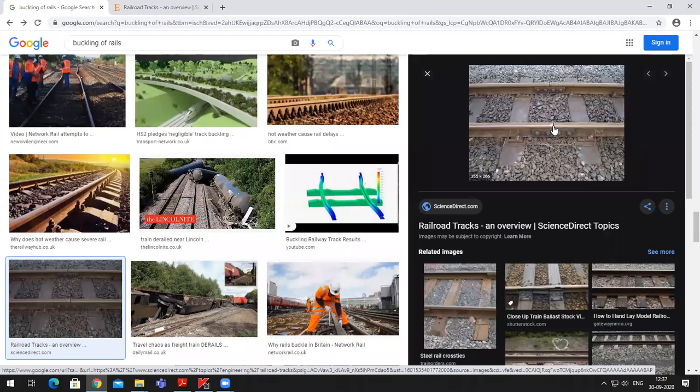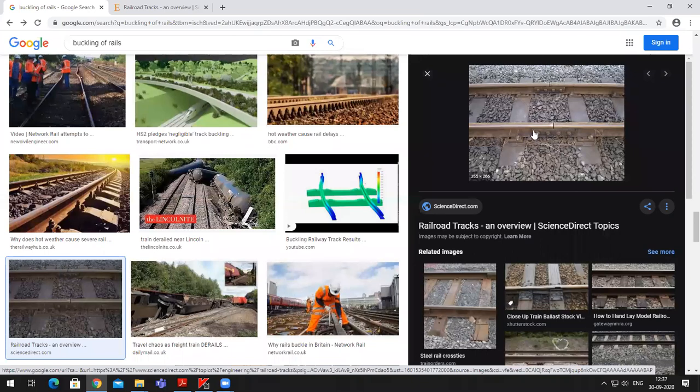It might not be possible for you to weld all the rails together for hundreds and hundreds of kilometers, because you need to provide some space at some particular section for the metal to expand and contract. So to allow the expansion and contraction, we have to provide fish joints. There's no other go, right?